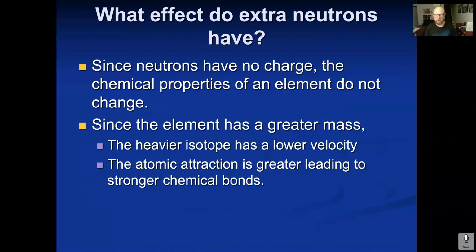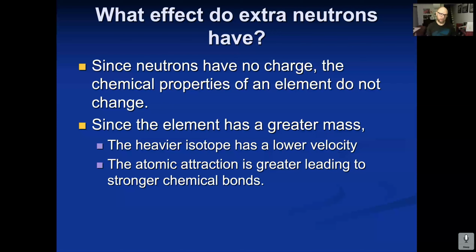Okay, so what effect do the neutrons have? We're going to focus on carbon. We've got carbon 12 and carbon 13. They've got the same number of protons, but carbon 13 has an extra neutron. So what's the impact of that extra neutron? Since neutrons have no charge, they're not going to change the chemical properties of an element.